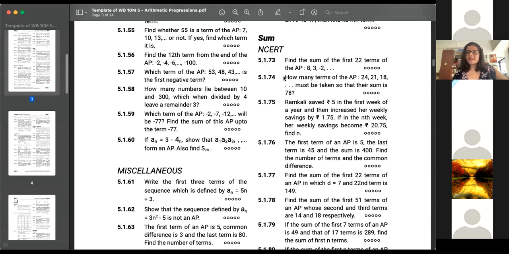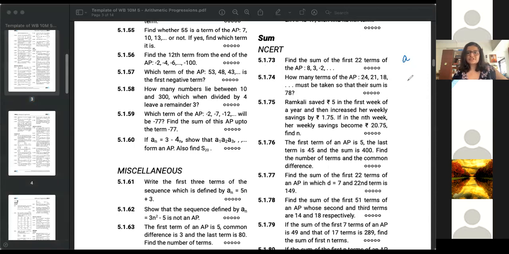So Aditya Mundra, what is the formula for sum of n terms if you know the first term and common difference? So this is the only information you have. So sum of n terms kya hoga? Ma'am, what is the condition?